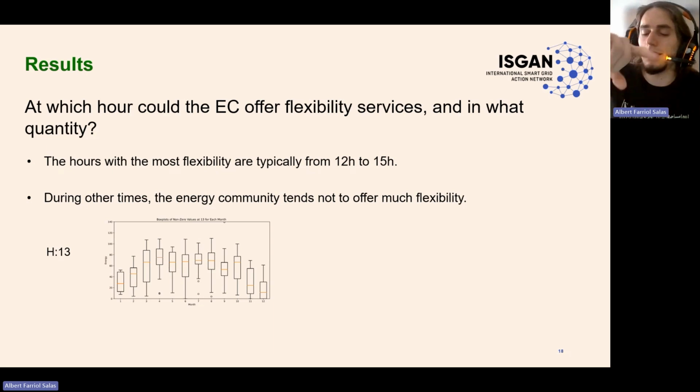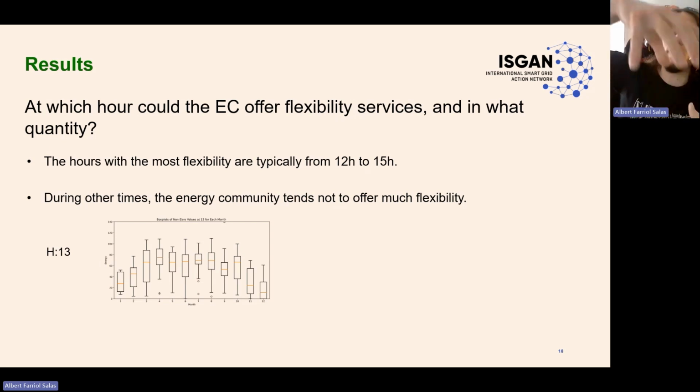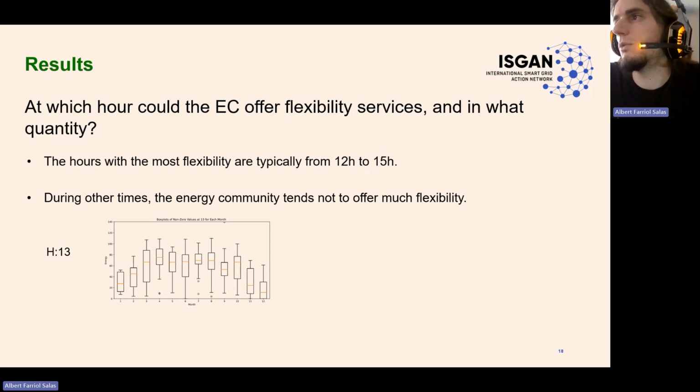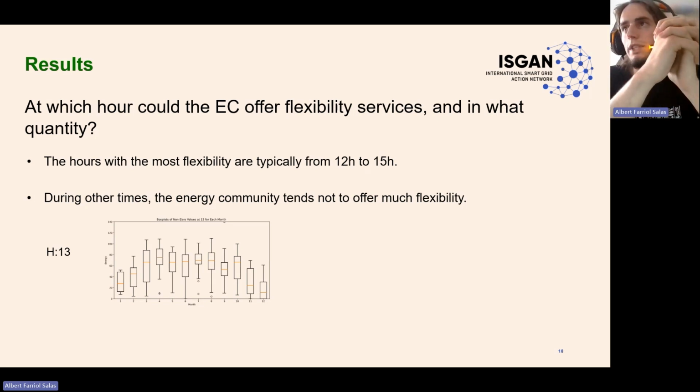The yellow line is the mean, how much flexibility they are going to offer on average, and the black line shows how distributed it is. If you have a small box, you know more or less how much. So months 7 and 4 are probably the best months for knowing how much flexibility.